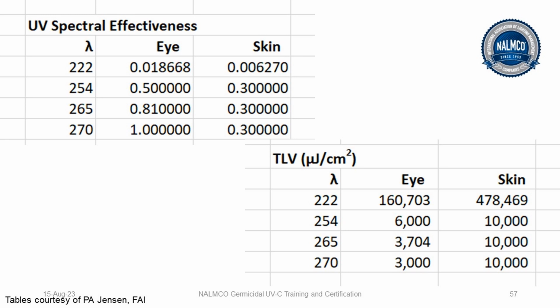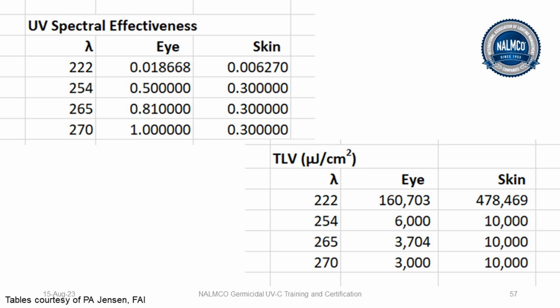So you can be exposed to more UVC, 254 wavelength, or actually twice as much as you could at 270, which has a factor of 1. That's important so that we understand what is the threshold limit value, or TLV, for different wavelengths.